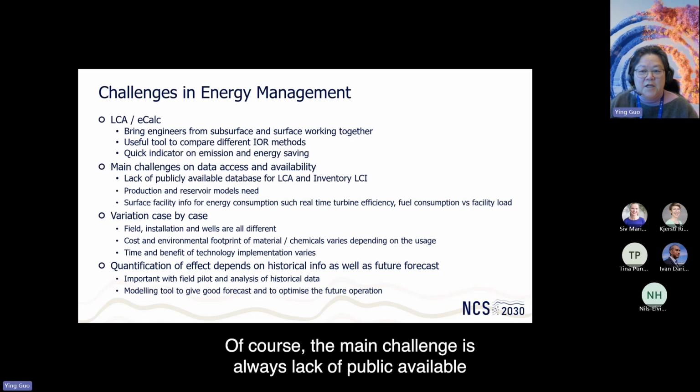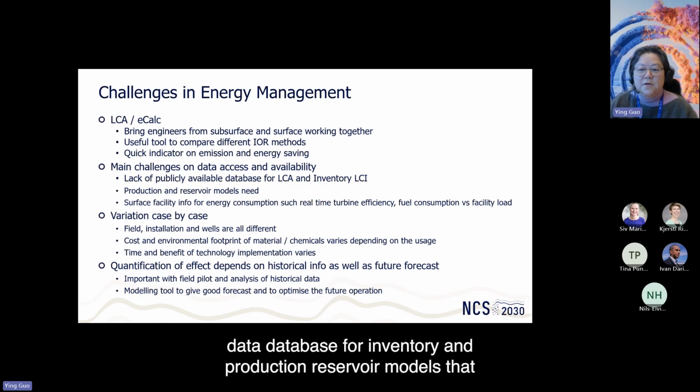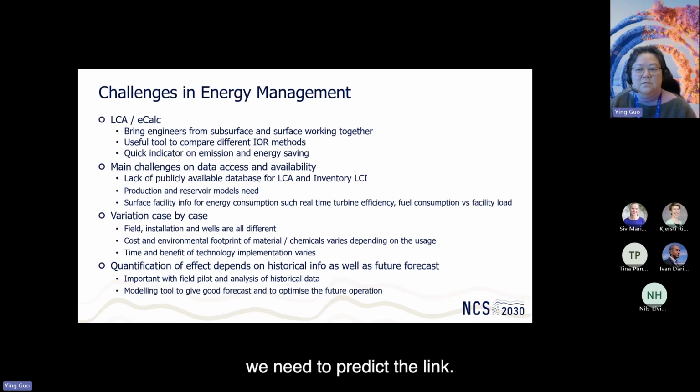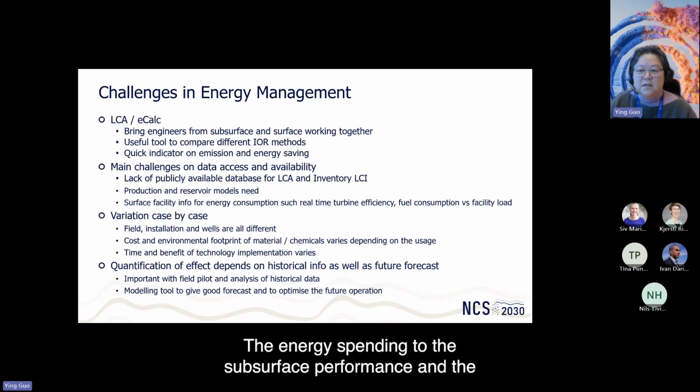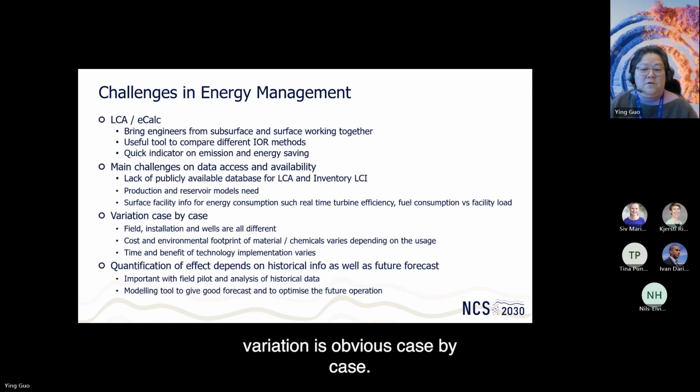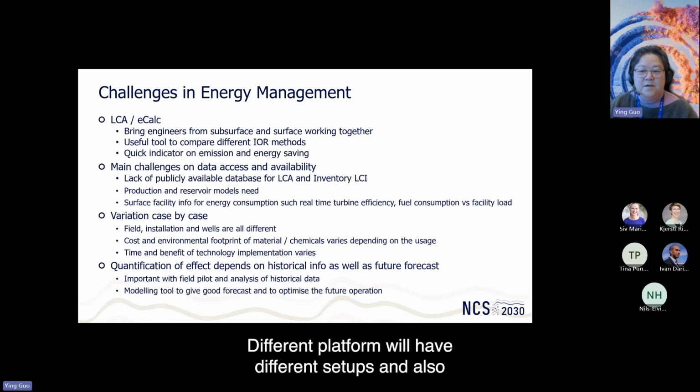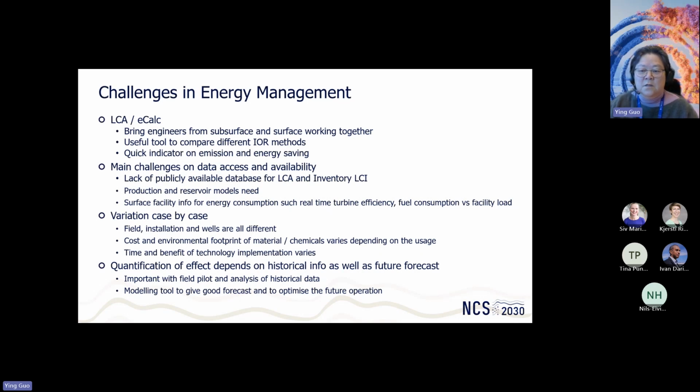Of course, the main challenge is always the lack of publicly available databases for inventory and production, and reservoir models that we need to predict and link the energy spending to the subsurface performance. And the variation is obvious case by case. Different platforms will have different setups and also reservoir performance.